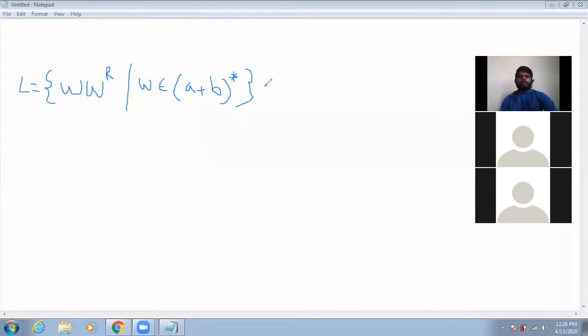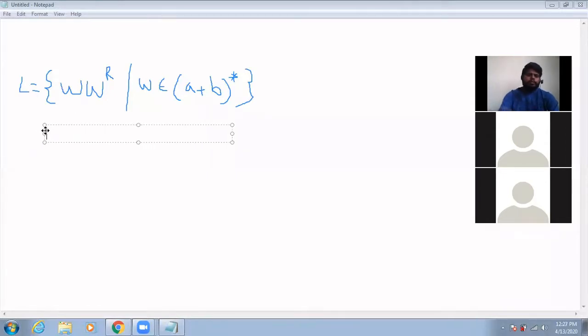So first you need to understand the language. There is a W, and immediately it has to be followed by W power R. Let us take an example.